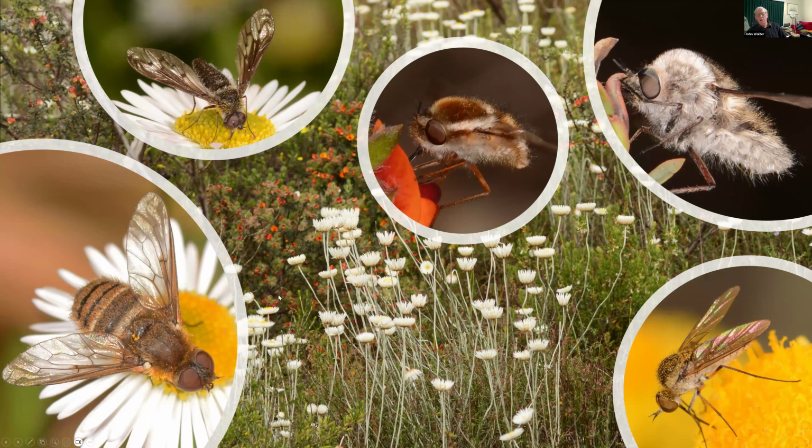But you also see these guys hovering and flying slowly just a few inches above the ground, often in bare soil areas. What they're actually doing there is looking for the nesting sites of beetles and other flies and other insects, because they lay their eggs on the larvae of other insects, which then become food for these guys. But they are great pollinators.